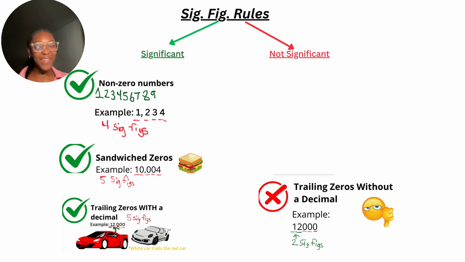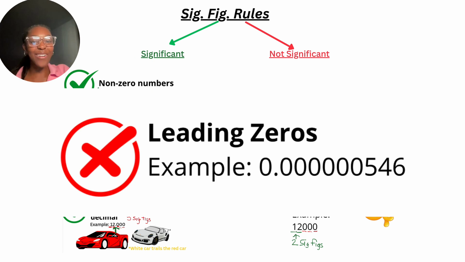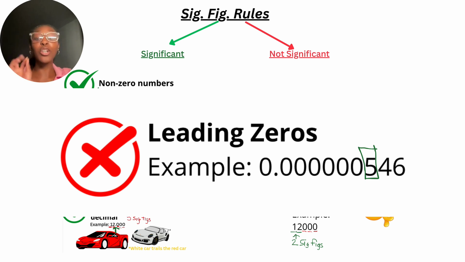All right, so now that we've identified the trailing zeros without a decimal, let's go to one more, the very last rule when it comes to significant figures, and that is our leading zeros. These are the ones that lead the pack, as leaders always do. They come before or in front of your first non-zero digit. And in this example, we have 5, which is our first non-zero digit.